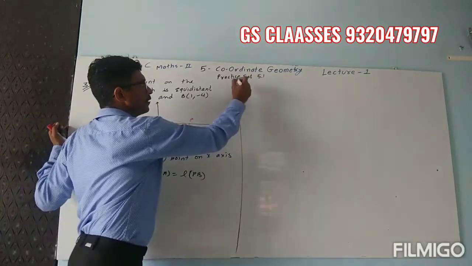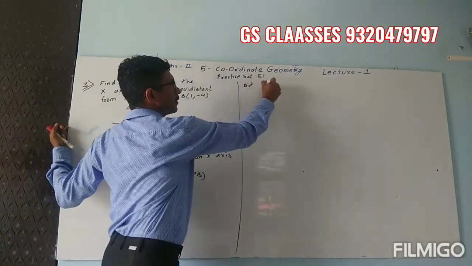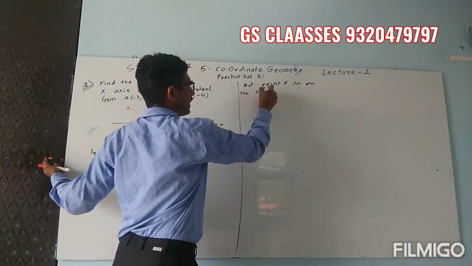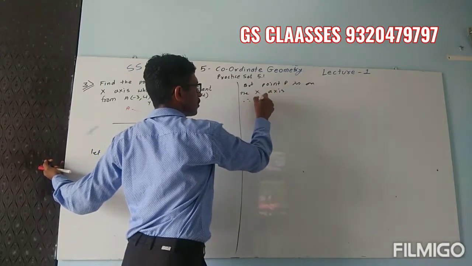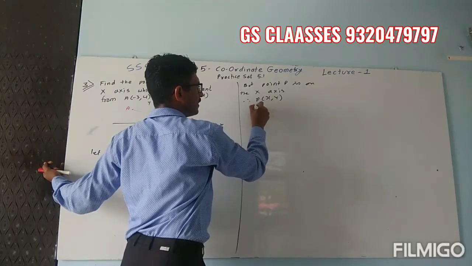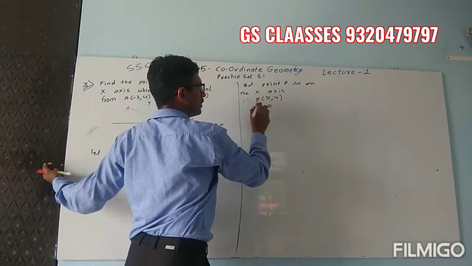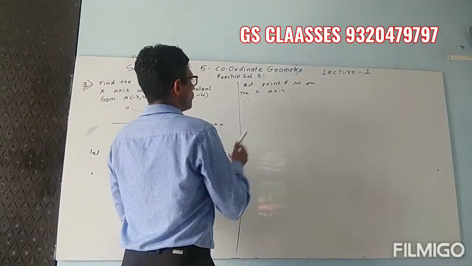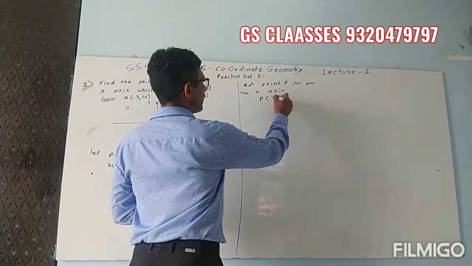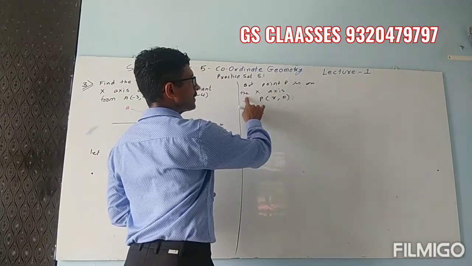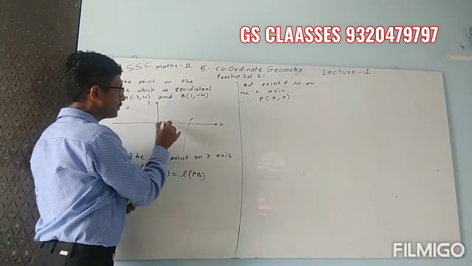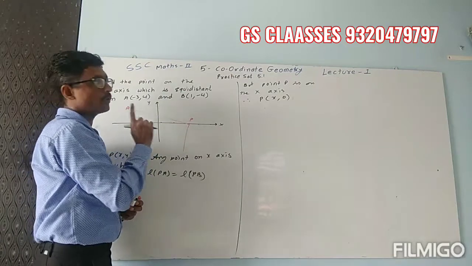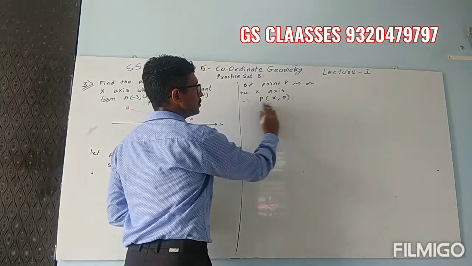Also, point P is on the x-axis, so P will be x and 0. Why? Because point P is on the x-axis, and any point on the x-axis will have y value as 0. So, I am writing y value as 0.